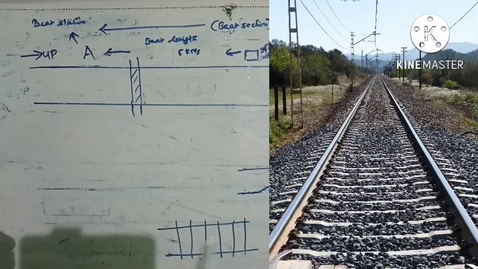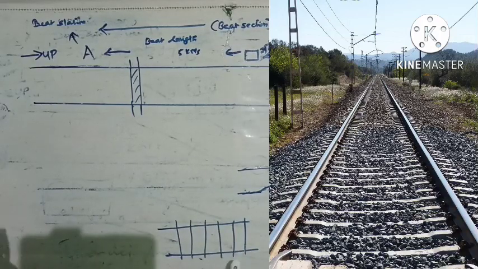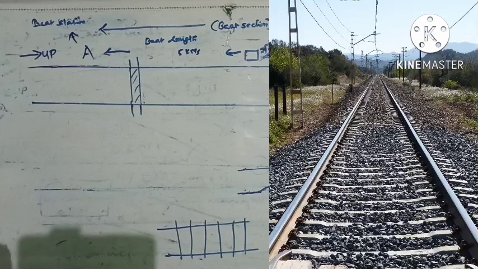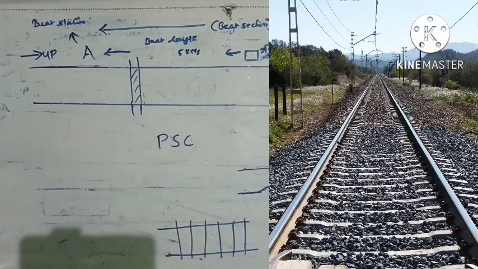It is two rails running parallel, connected by sleepers, and these are iron rails. These sleepers are normally PSC sleepers, nowadays. PSC means pre-stressed concrete.